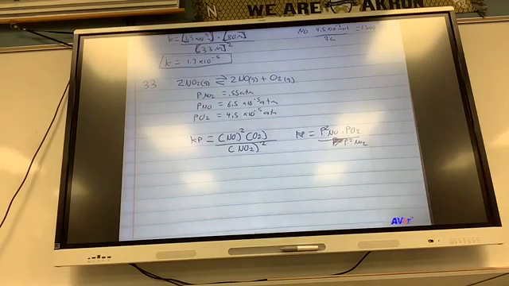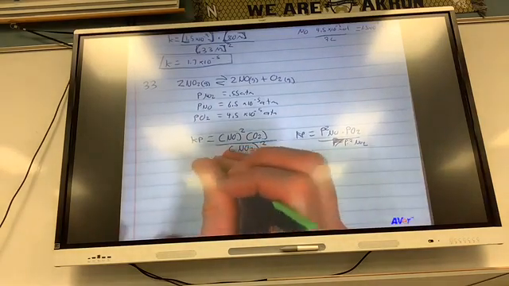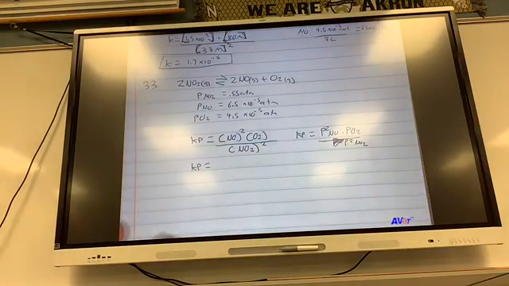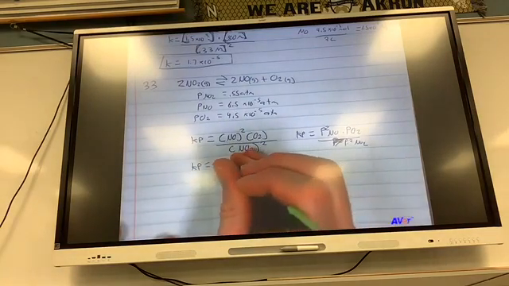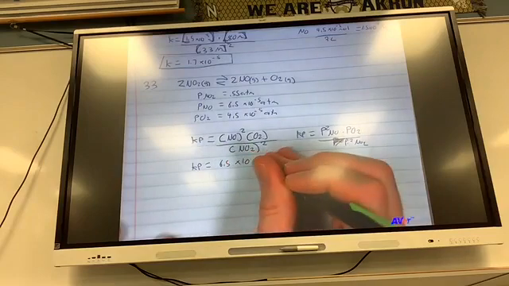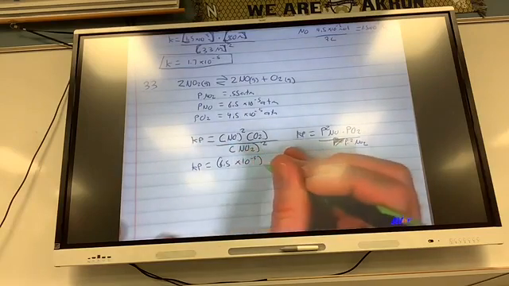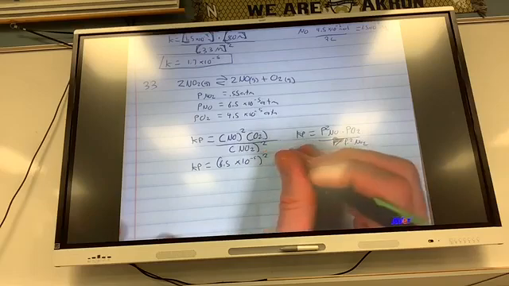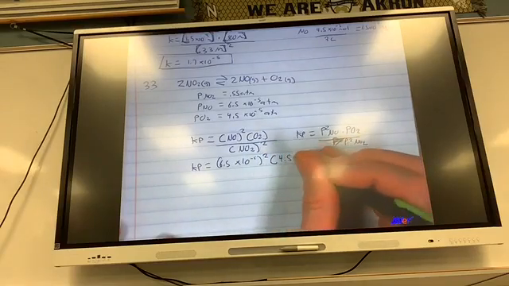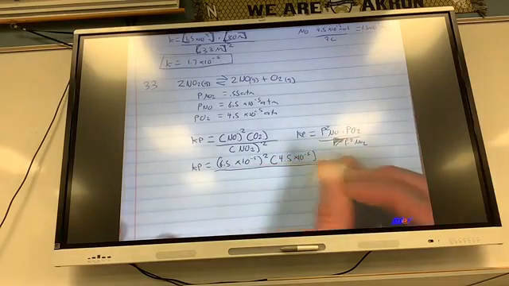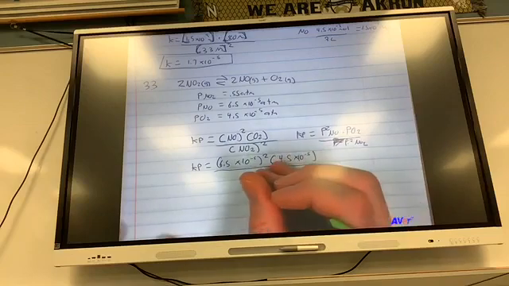Sub in the work. This is a really easy plug and chug. So Kp ends up equaling, sub all these in. So I'm going to have 6.5 times 10 to the negative fifth parentheses squared times 4.5 times 10 to the negative fifth parentheses over NO2 is 0.55 parentheses squared.